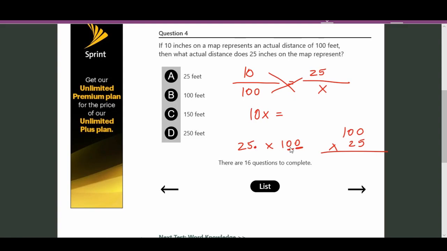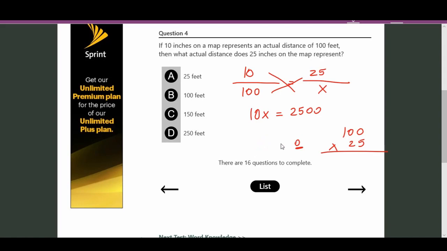So I'm just going to shift this decimal place 2 times to the right, 1, 2, which is going to make 25 times 100 be 2,500. Again, a large part of the people who score very high on the ASVAB are very good at identifying when they can use mental math to speed things up. Okay, so again, power of 10 is always something that you should feel confident doing mentally.